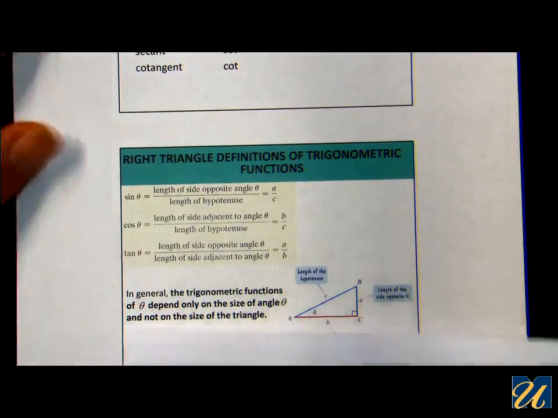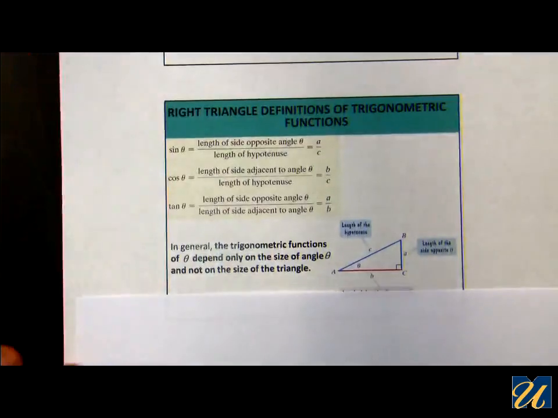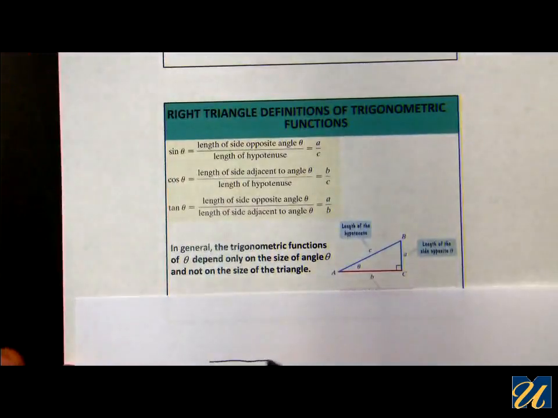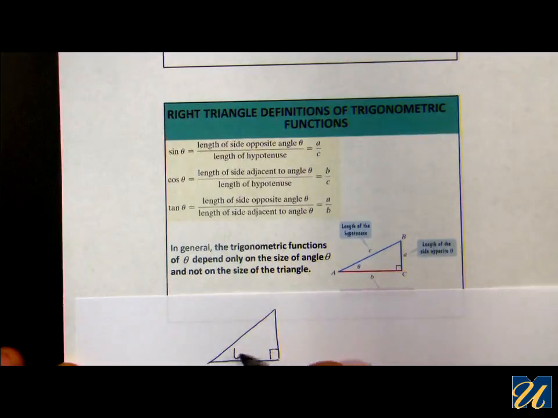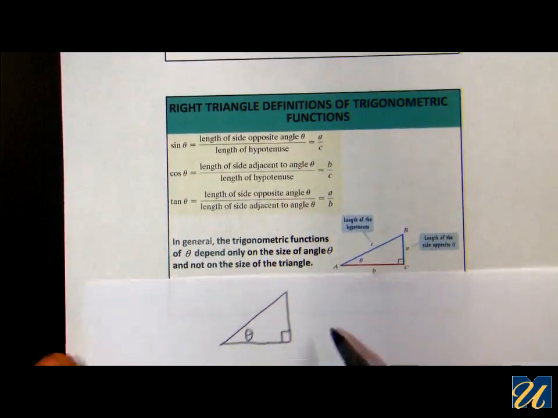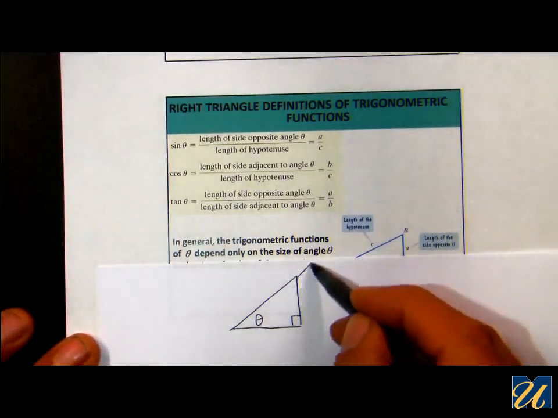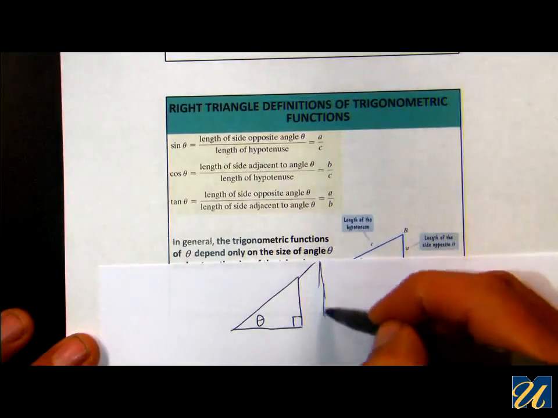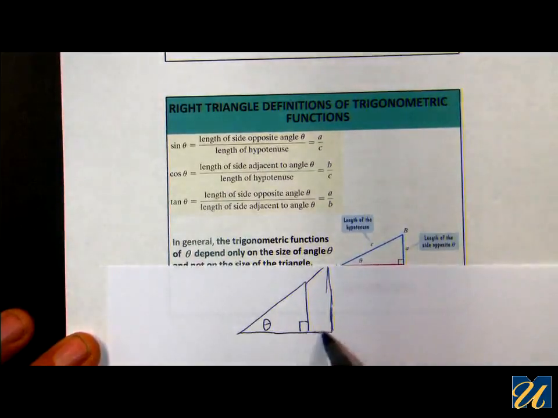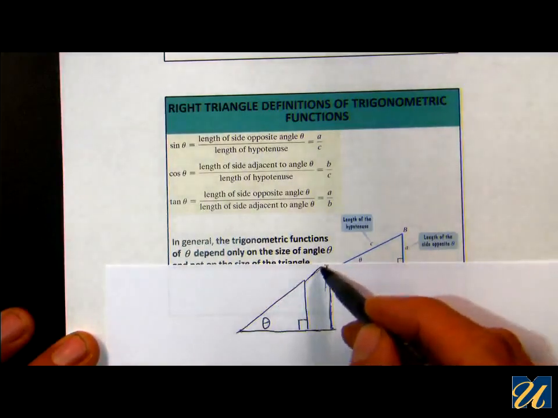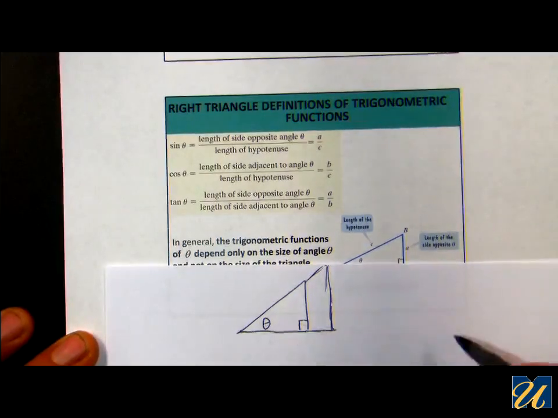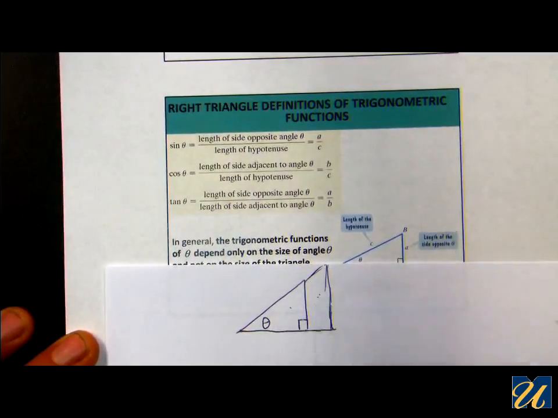So what that means is that if you have a right triangle, say here, and this is our angle theta, if you were to extend this triangle and make it larger, now this length is longer, this length is longer, and this length is longer. But notice that the angle is the same size. These are called similar triangles.